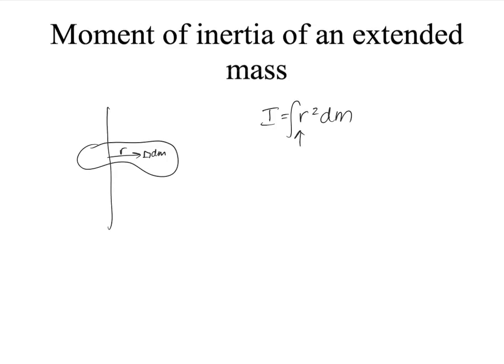Of course, the radius is something that's going to change, because as we integrate, we're going to be looking at pieces of mass that are different distances away from the axis. And then the other question is, how do we express the dm? In terms of the mathematics, we need everything to be expressed in a common variable.